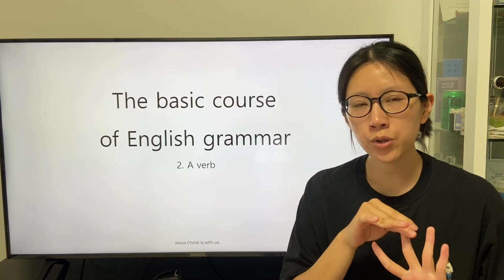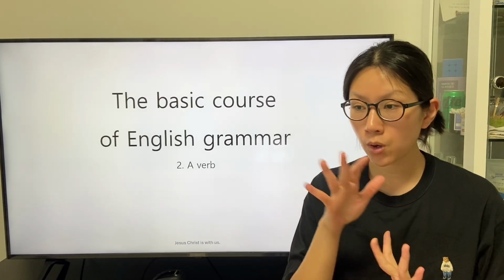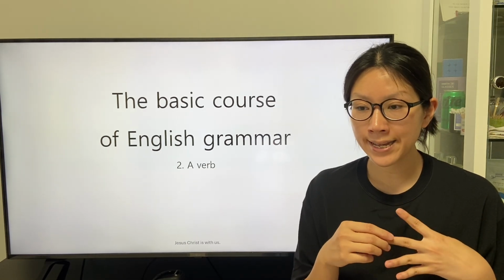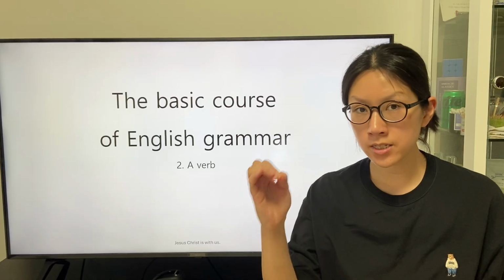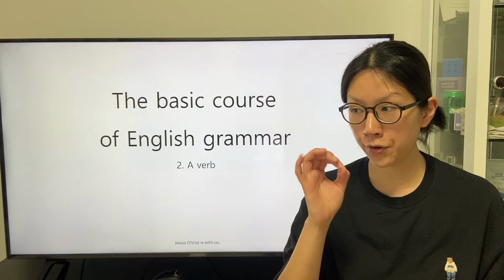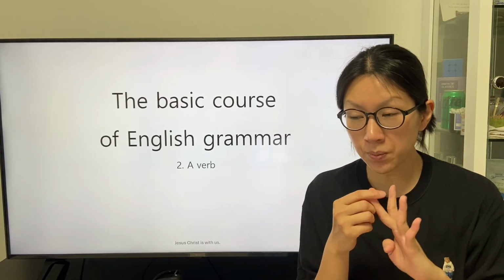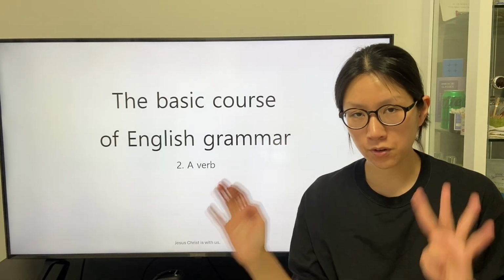The second role of a verb is to reveal tense of the clause. As a clause includes a subject and a verb at least, the verb determines the tense of the clause.